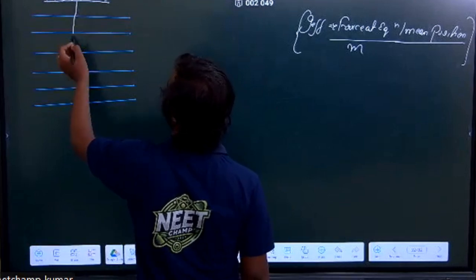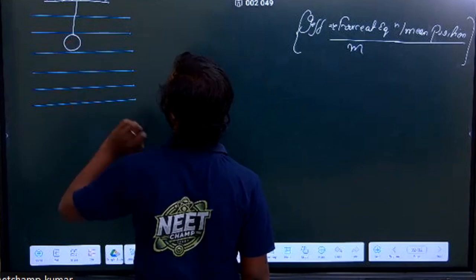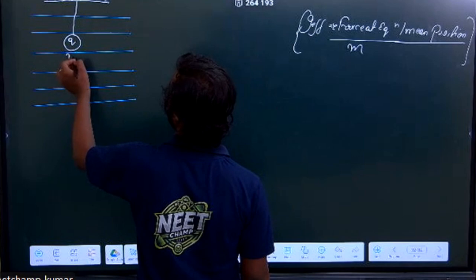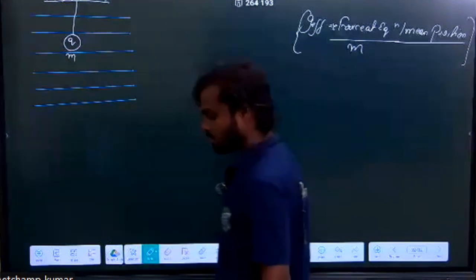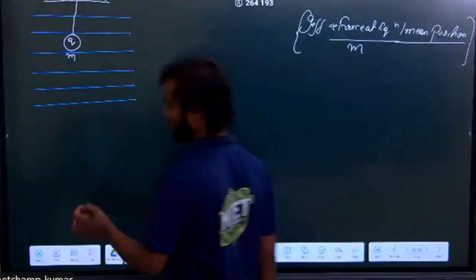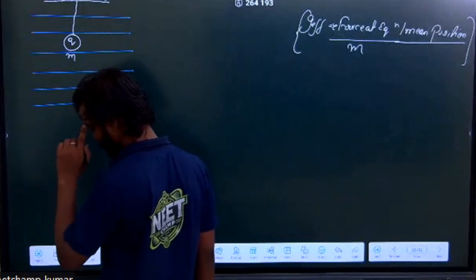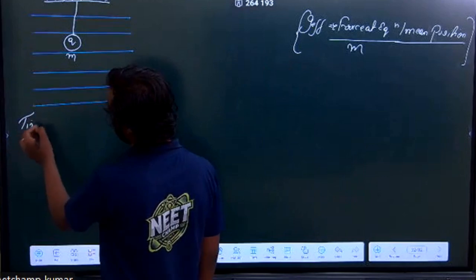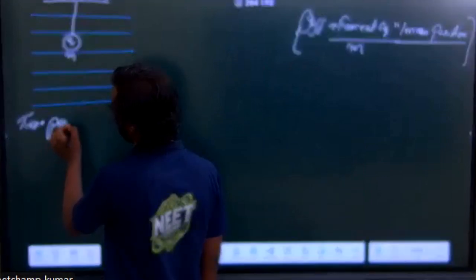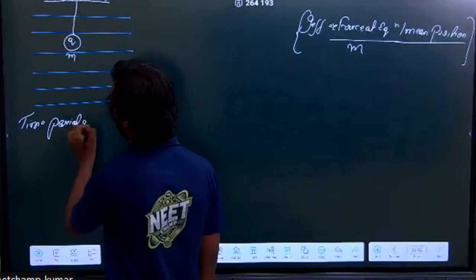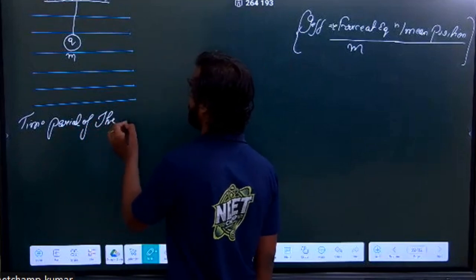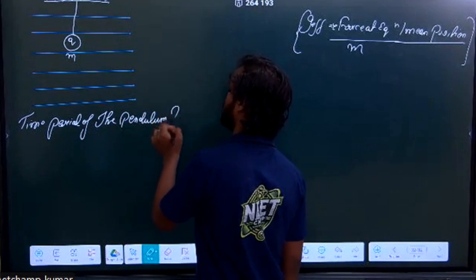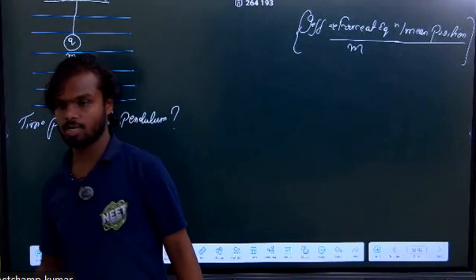Suppose this is my pendulum, having a charge Q and mass M. I keep it in the electric field. Then my question is, what is the time period of the pendulum? Can you tell me what is the time period of the pendulum?